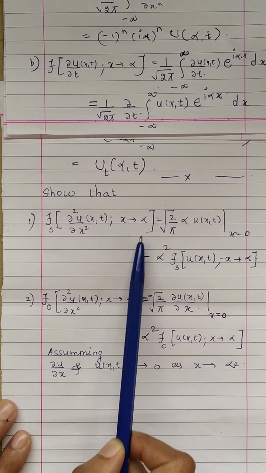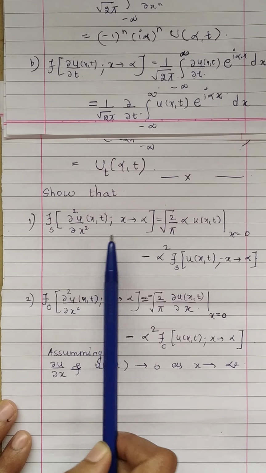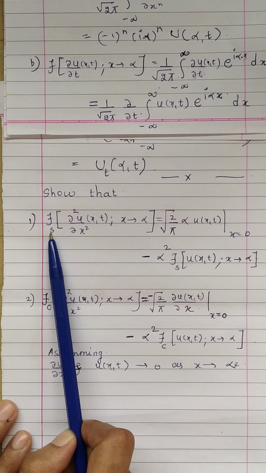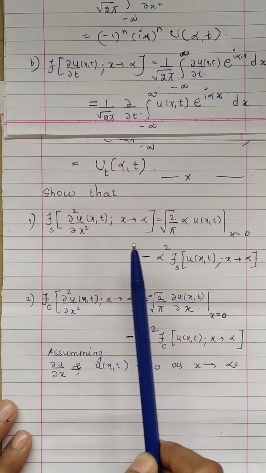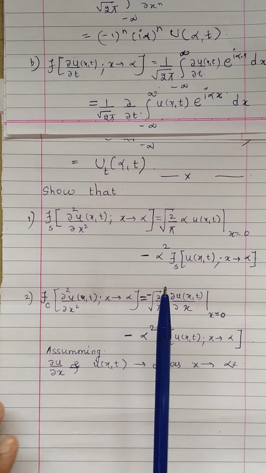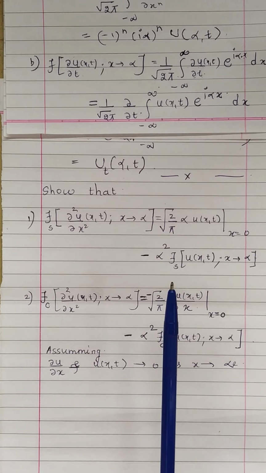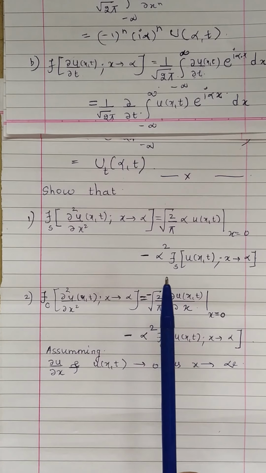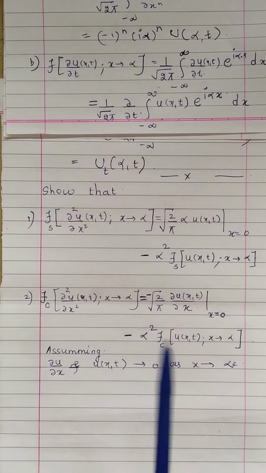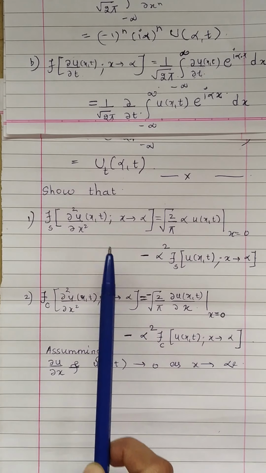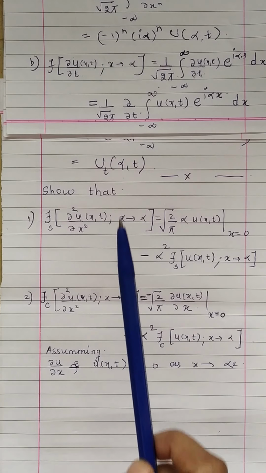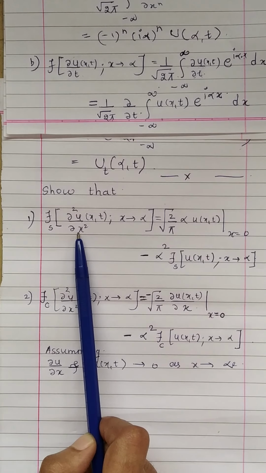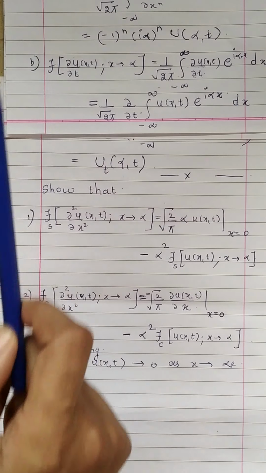So when you start with this, if you directly apply the Fourier sine transform formula, what you will have is this quantity into sine alpha x d alpha. Then when you integrate it by using the integration by parts formula, there will be one term left with the limit 0 to infinity and the first partial derivative of u with respect to x, like we were getting in the previous case.